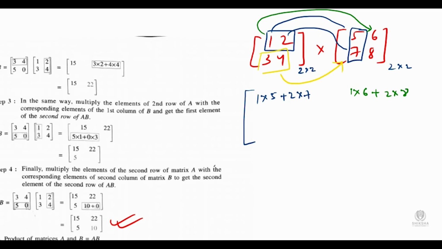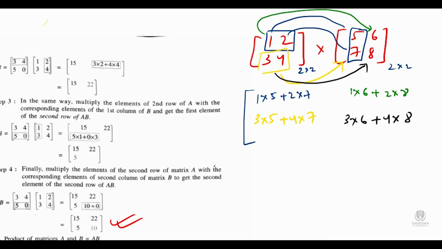That comes 3 into 5 plus 4 into 7. Now the second row will again be multiplied with the second column of the second matrix, that is 3 into 6 plus 4 into 8.